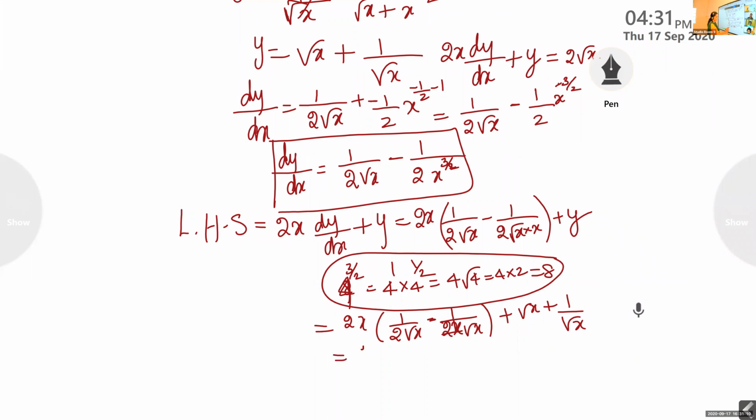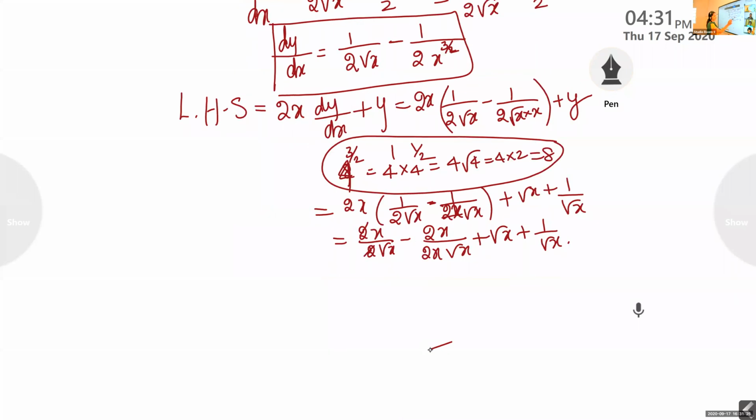We get 2x by 2 root x minus 2x by 2x root x plus root x plus 1 by root x. Here 2 will get cancelled, here also 2x will get cancelled. So x by root x is root x, minus 1 by root x plus root x plus 1 by root x. These two will get cancelled, so you will get 2 root x.